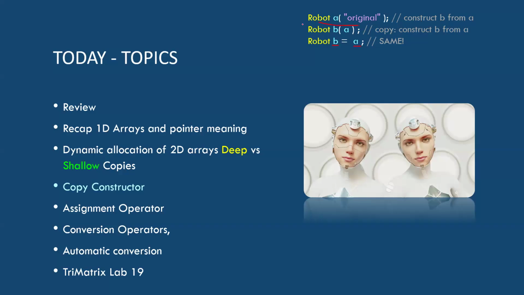Well, it's most of the time doing this. And if you haven't written one of these things, C++ is going to write one for you. And that's why things like this work between two different instances, but they might not always work in the way you think. So we'll explore a little bit of the problems with that.